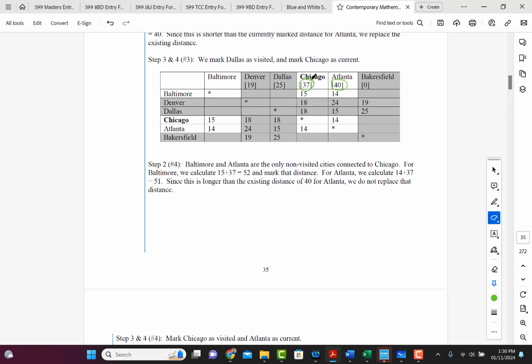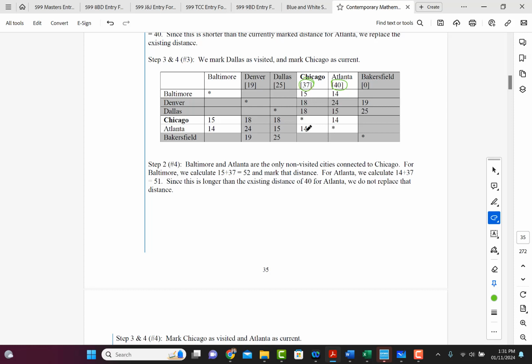So now we're going to use Chicago. From Chicago, we've got Baltimore and Atlanta. For each one of those, we're going to add. For Baltimore, we add 37 and 15, which gives us 52, and so we mark that distance.